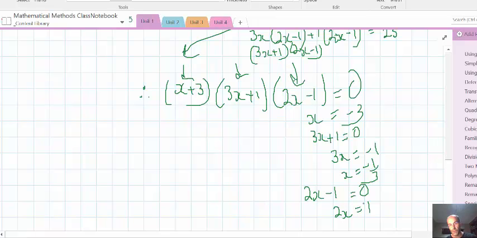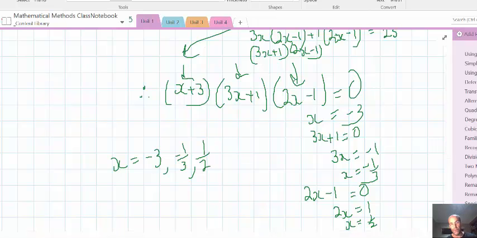Time for the final factor: 2x minus 1 equals 0, which means 2x equals 1, and x equals a half. So there are our solutions: x equals negative 3, or x equals negative 1/3, or x equals 1/2, which we found before using technology.